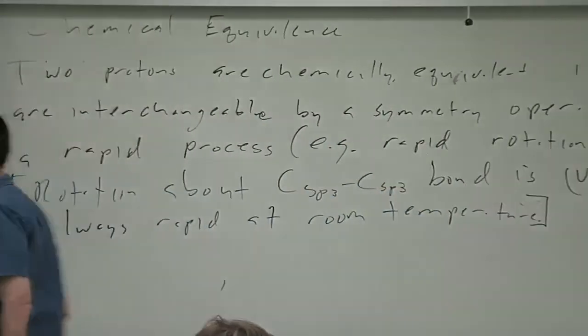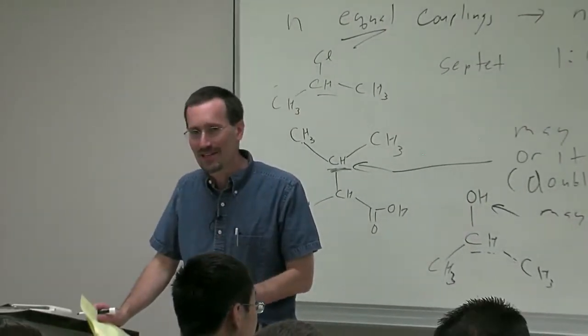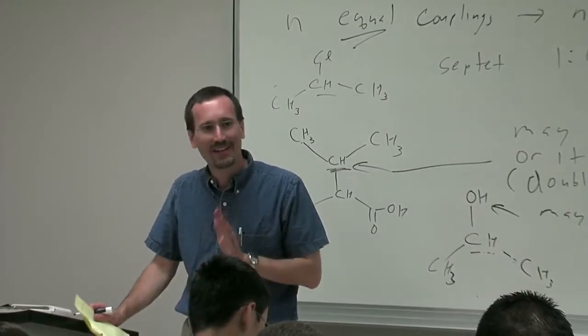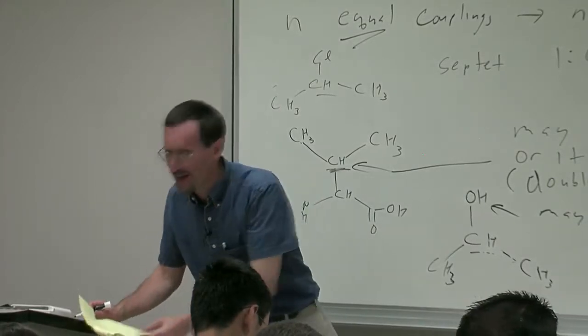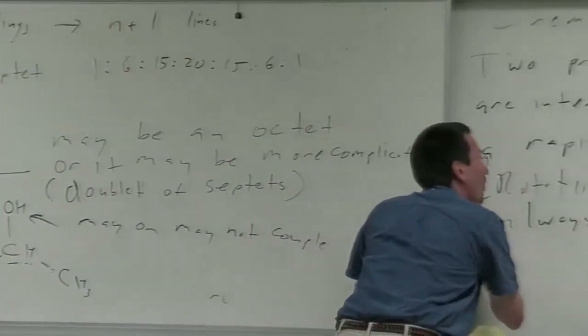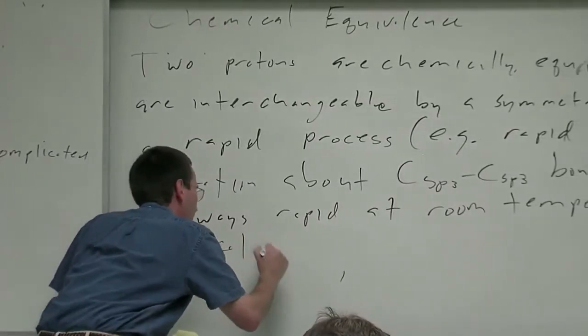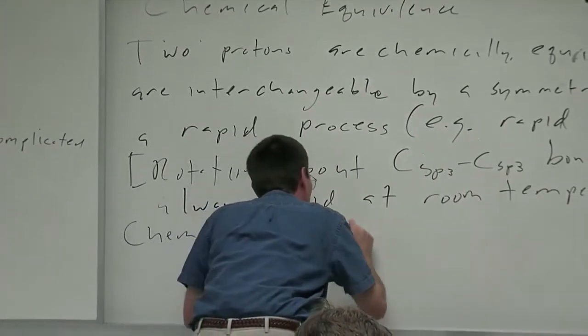That's a hint. If you see two hydrogens splitting each other and they're both on sp3 carbons attached to each other, chances are you need to think deeper. And it's not, oh, there's some slow process. All right. One corollary to this is chemically equivalent protons have the same chemical shift.